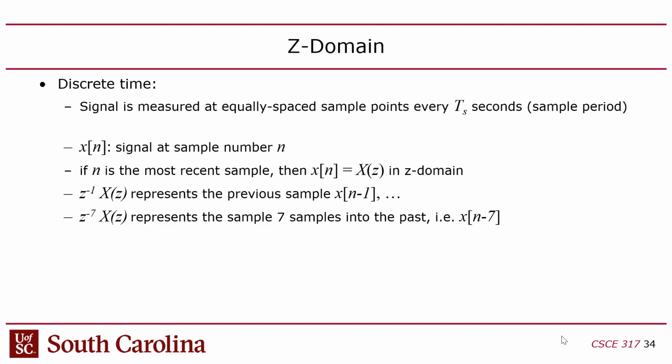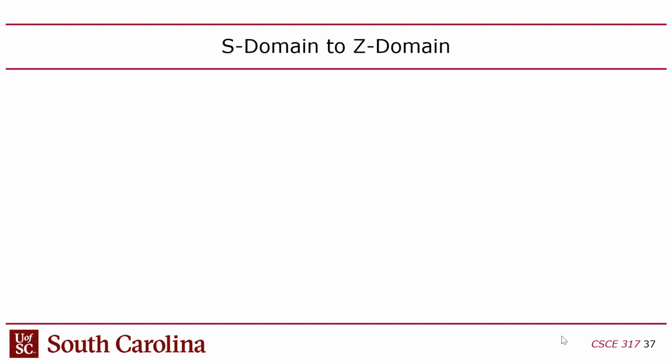So the Z domain is the discrete form of the S domain. It turns out that you can't really deploy anything in the S domain on a computer. It's impossible because computers are discrete. So the Z domain is a discrete form of the S domain, but for some reason it's not as well understood.